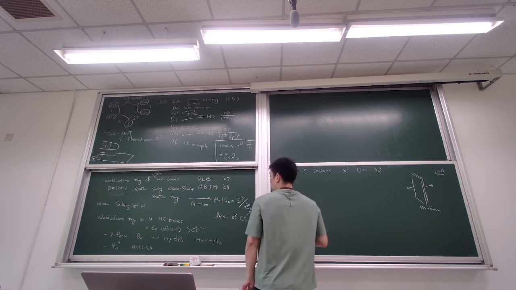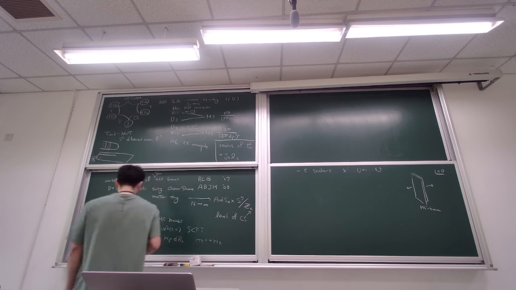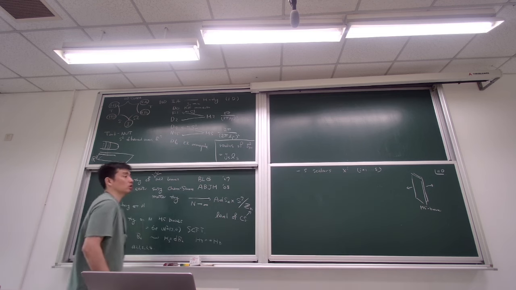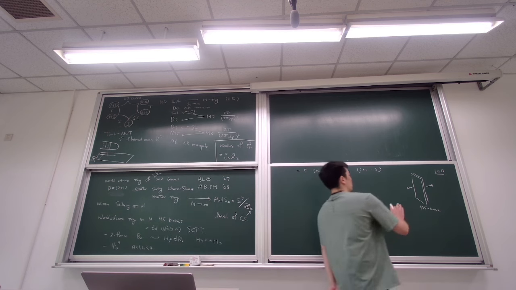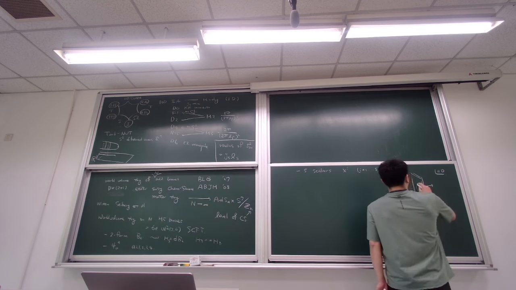But what is this two-form? The two-form comes from the M5 brane, where an M2 brane can attach in this way.